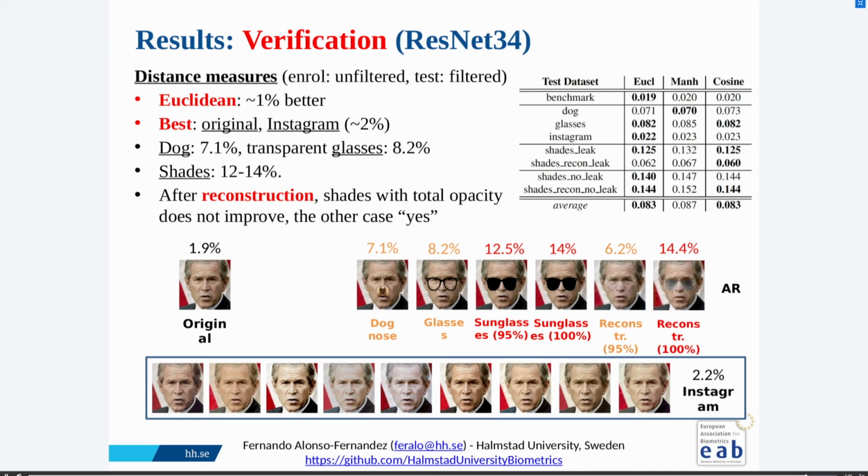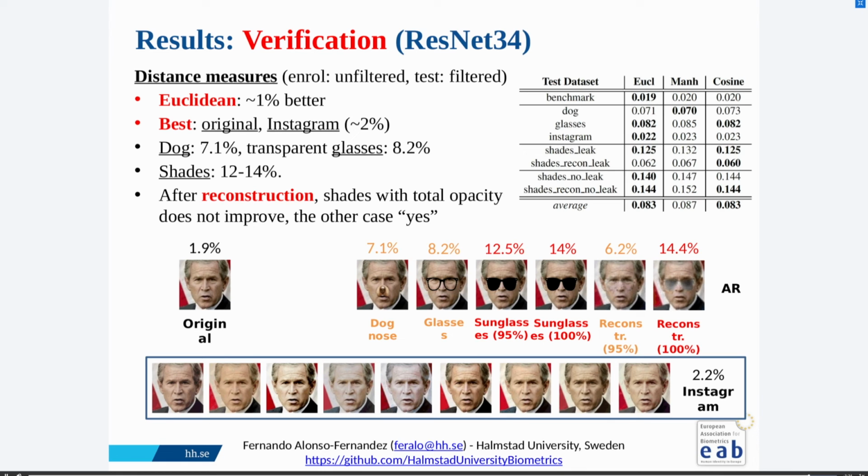And the others, where you have occlusion of the nose or the eye region, the results are worse. With dog nose, you have around 7%, and with transparent glasses, you get 8%. But when you put sunglasses, it goes to 12, 14%.